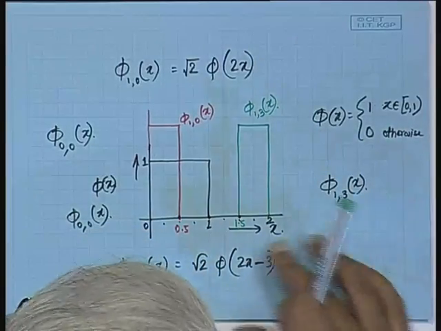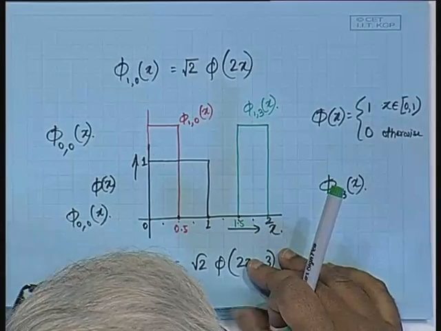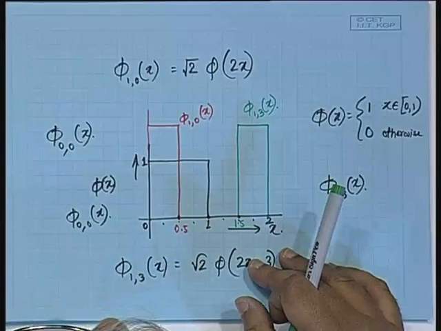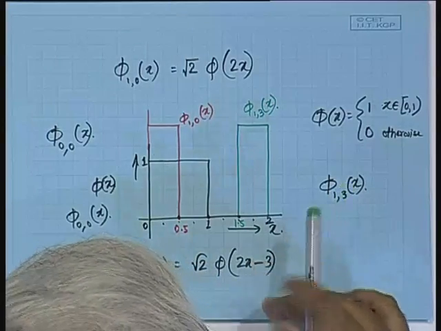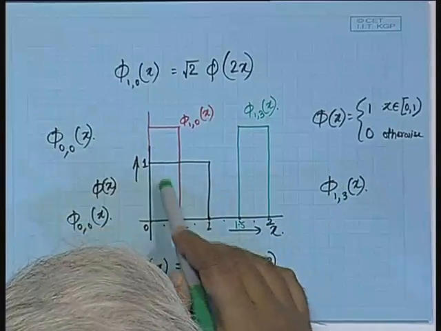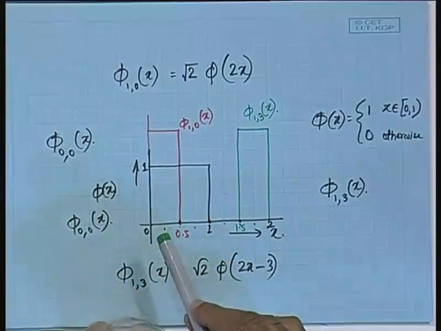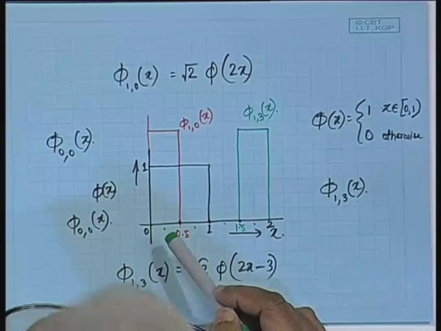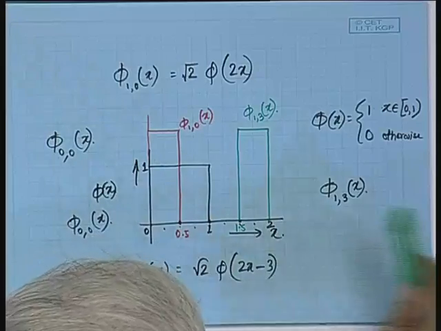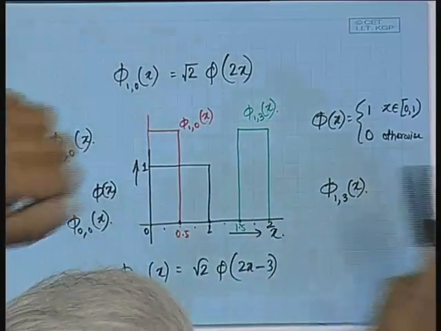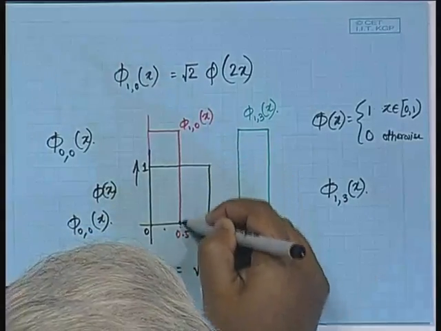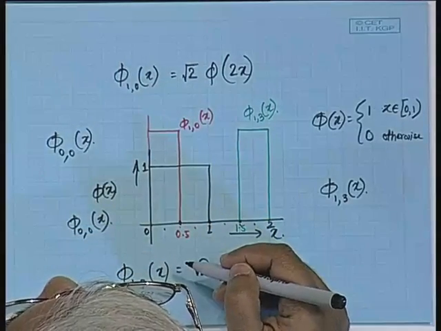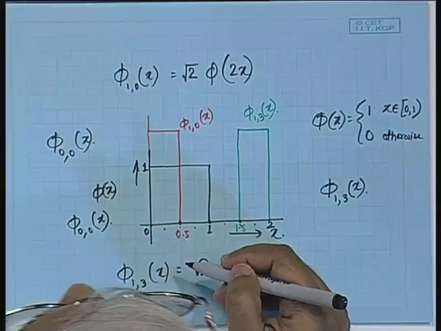Now, let us look at another aspect of it. Phi 0 0 was this, but phi 10 we obtained this. Now, if I ask a question that can I use this phi 0 0 function in order to analyze phi 1 0? Should the answer be yes or no?